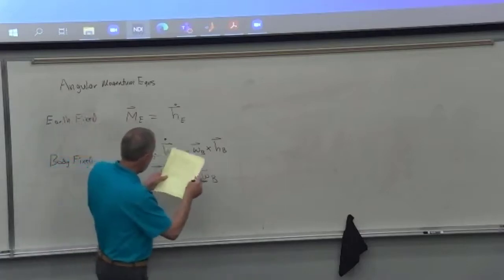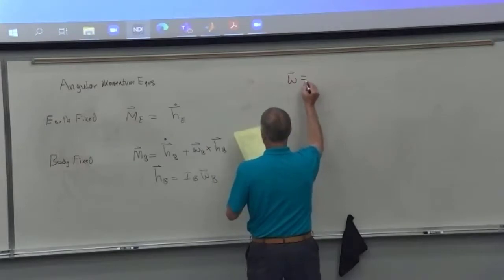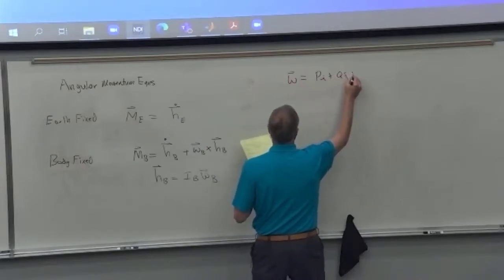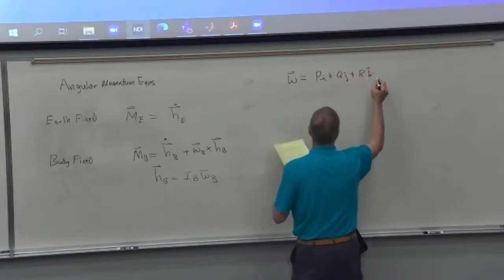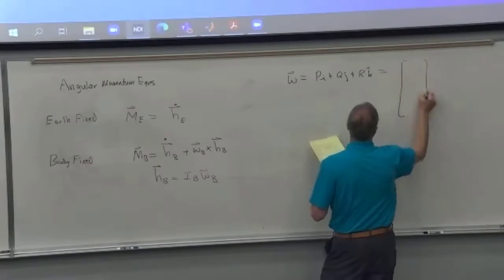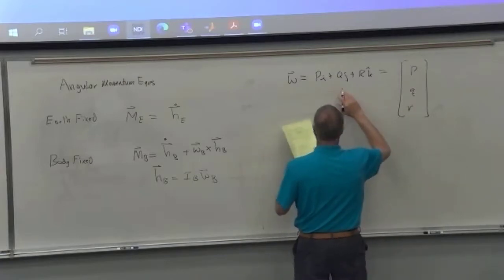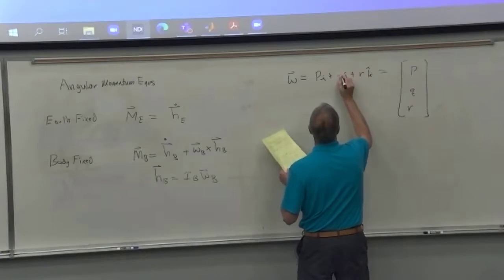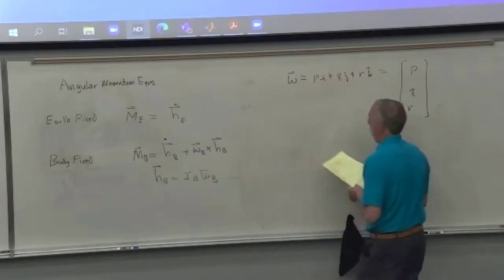And to define everything that goes in here, omega, of course, is P i plus Q j plus R k, or sometimes we'll write that as a column vector, P, Q, and R. Sorry, I'm using lowercase here.